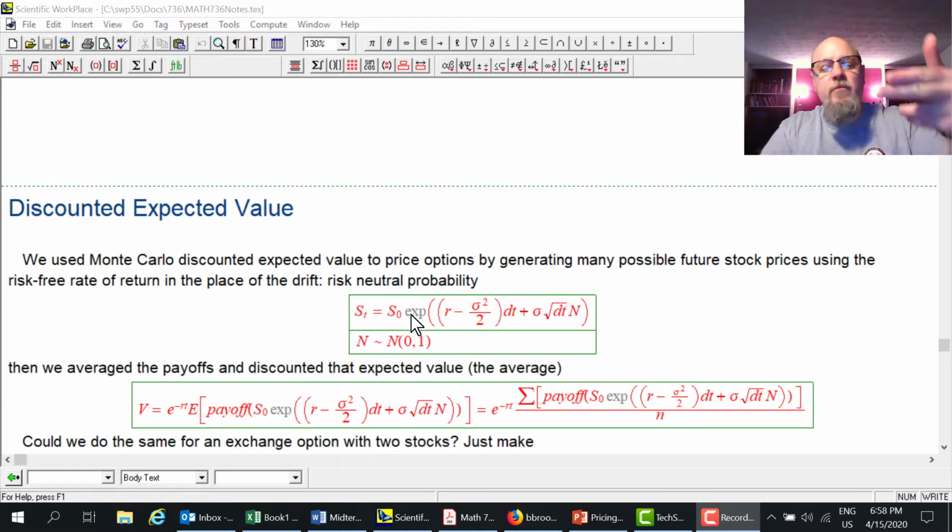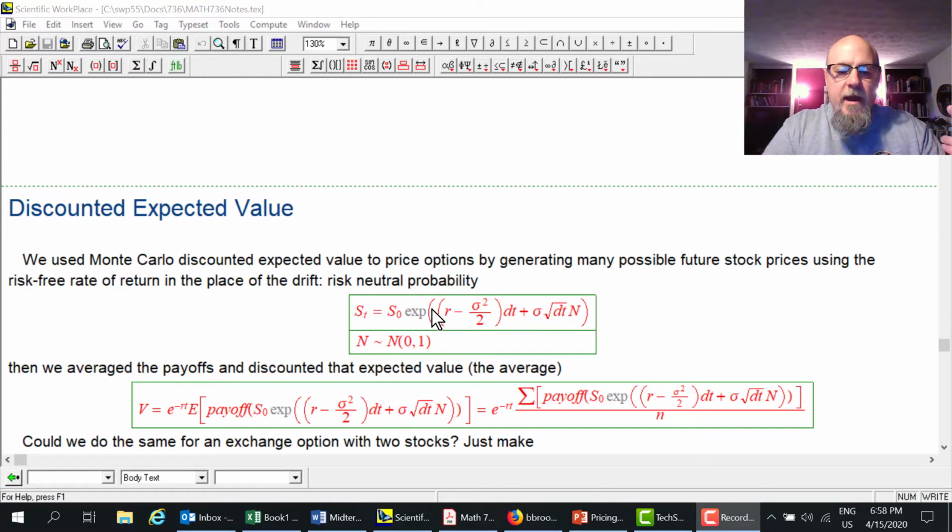So we would generate a future stock, see what the payoff would be, generate another future stock, see what the payoff would be, and then we average the value. That would give us our expected end value for the option, and then we just discount it back for time value of money.